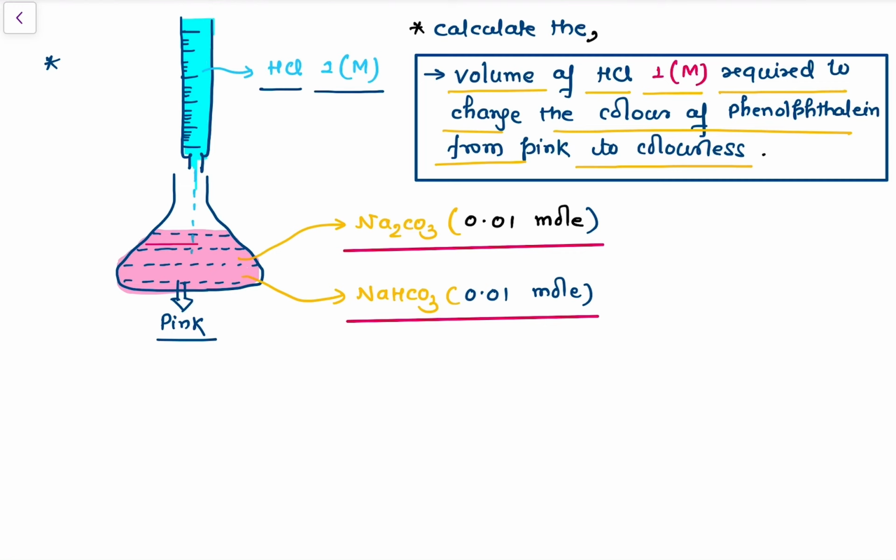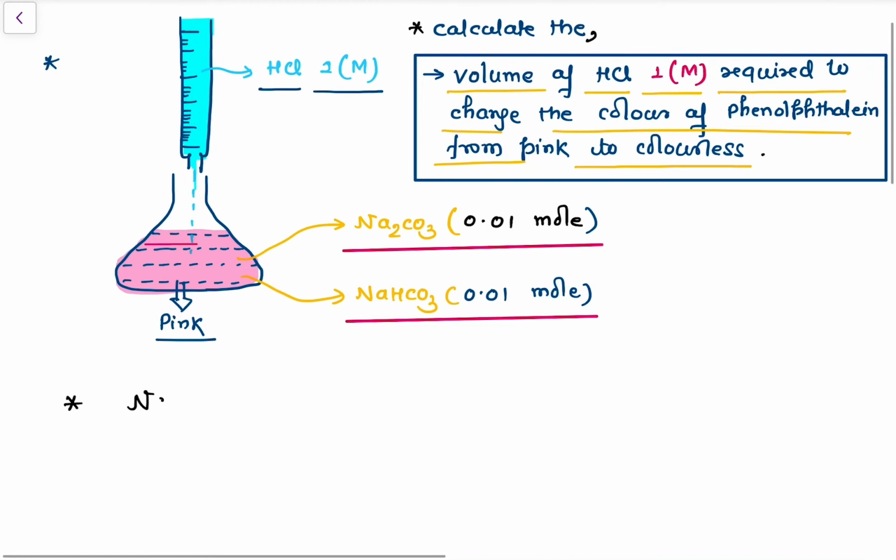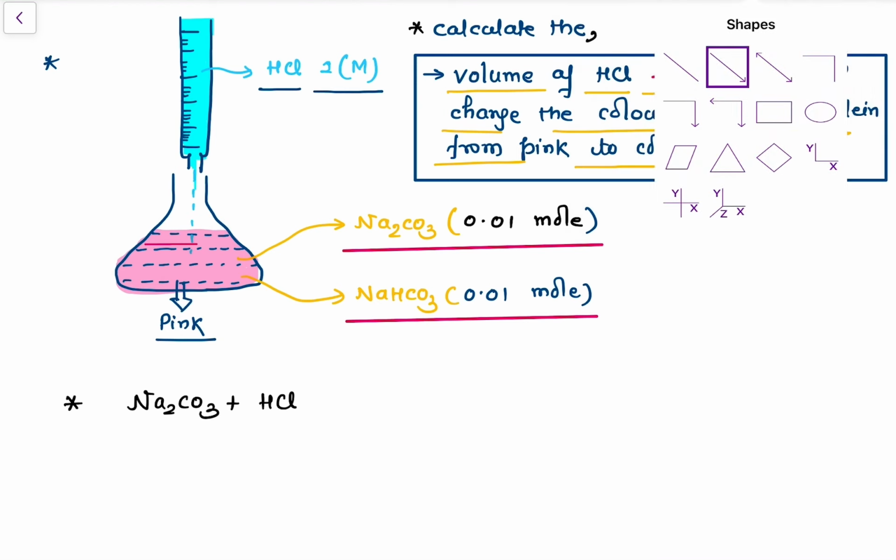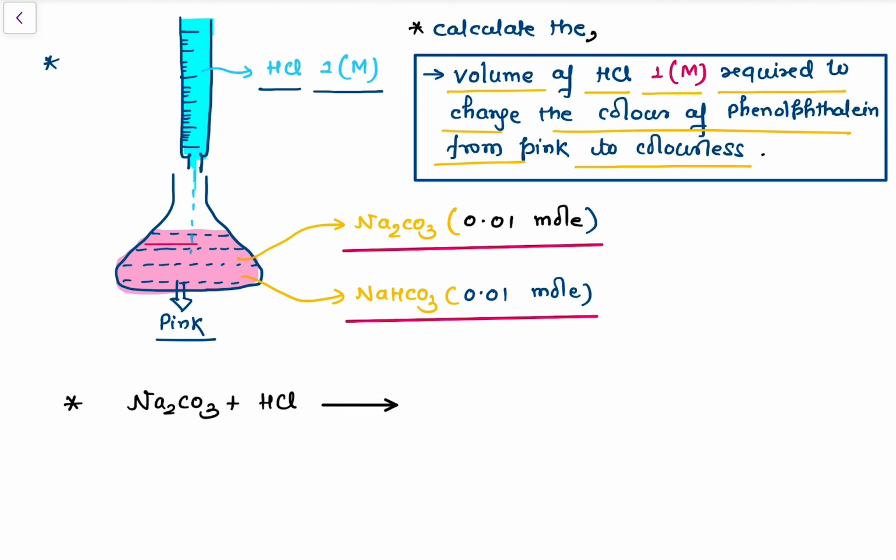So let's start. The reaction involved in this titration is, first of all, as soon as we start adding HCl, the sodium carbonate will react with the HCl, and sodium bicarbonate and NaCl will be produced.